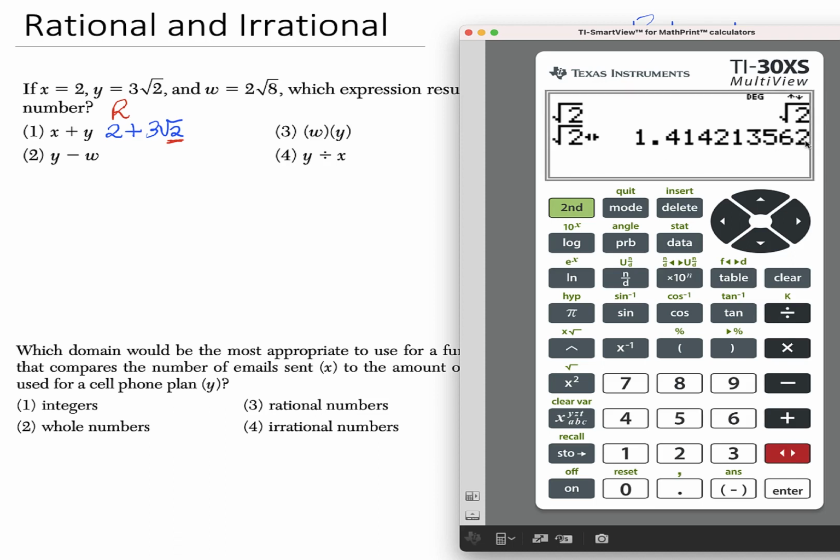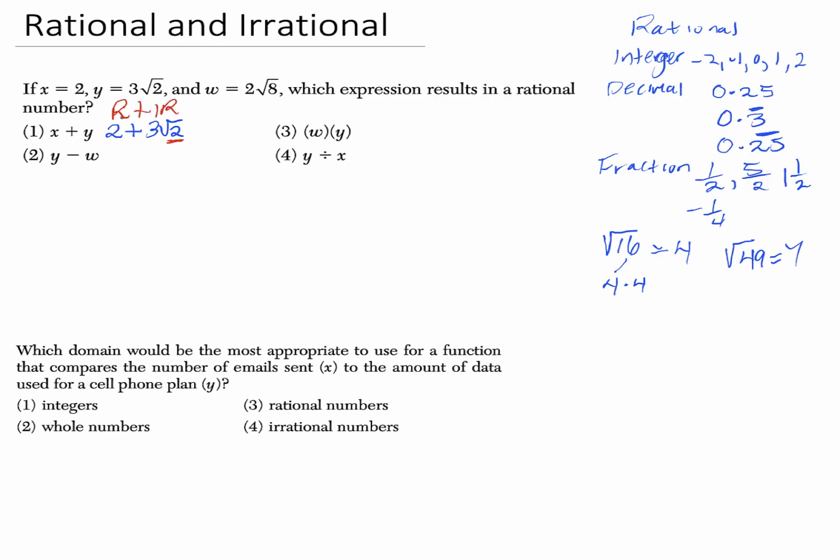Now, this number seems to terminate. No, it does not. It's just that a calculator is not wasting its time giving you the rest of the numbers. This is irrational. Think about it. Now, if you add a rational to an irrational, guess what you're going to get? An irrational number.